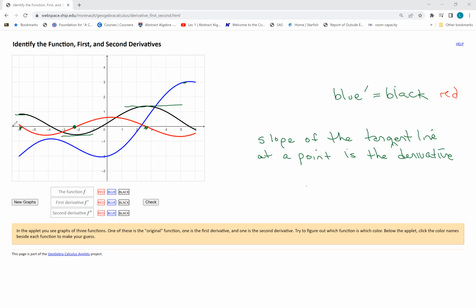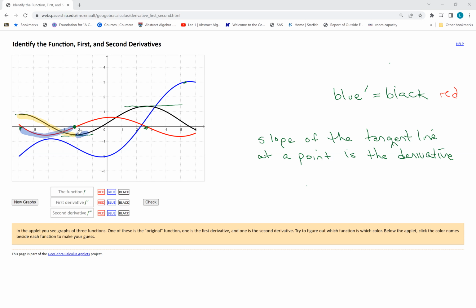And the derivative of black, so we look at here, my function is decreasing until I get to this point. And here, my function is negative because the slope, since it's decreasing, the slope of the tangent line is going to be negative. And then it changes. So I think I'll change colors here.